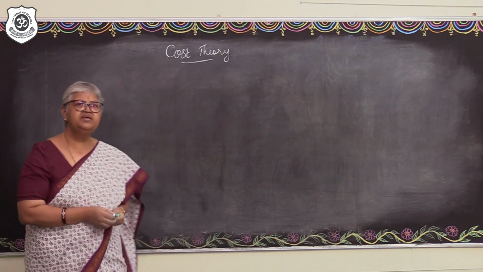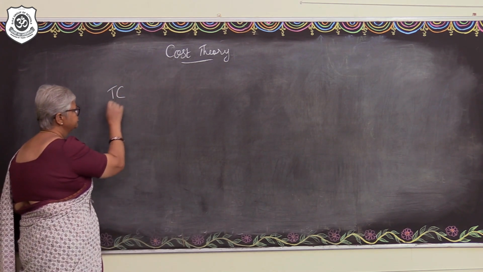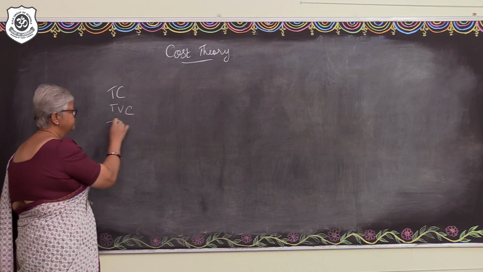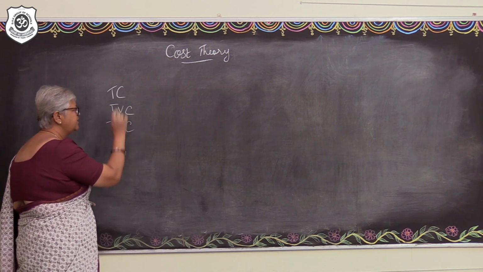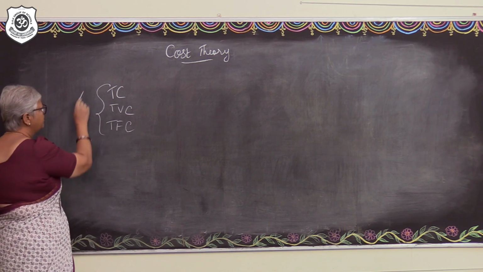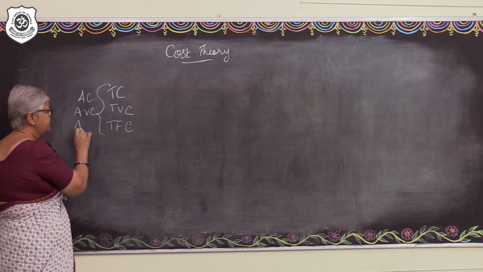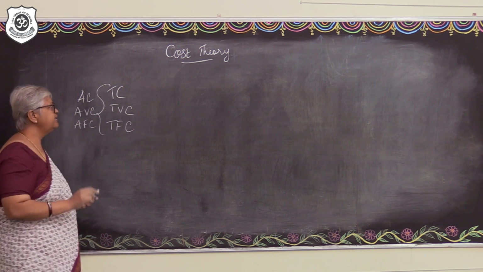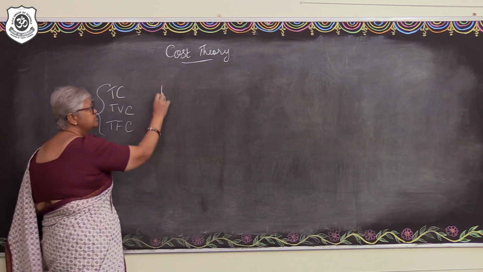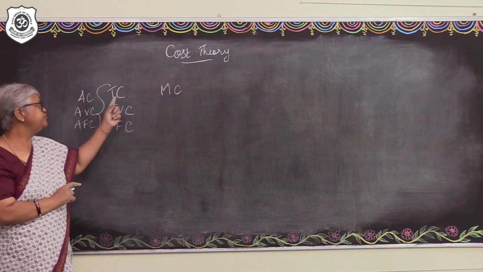Now, already in the previous clippings, we have understood the total cost, the total variable costs, the behavior of total fixed costs, and as a result, the behavior of the average costs, average variable costs, and the average fixed costs.